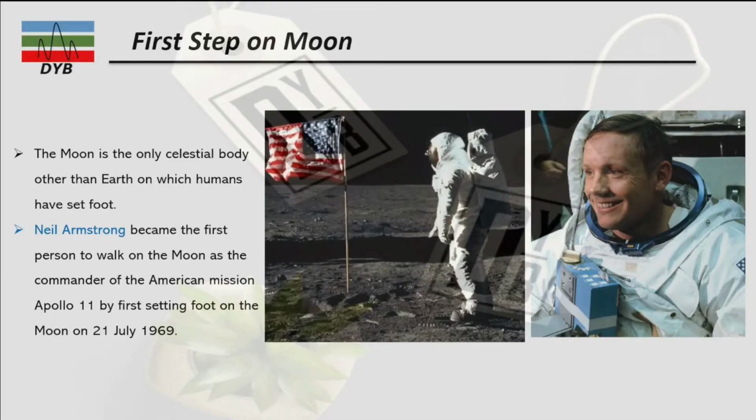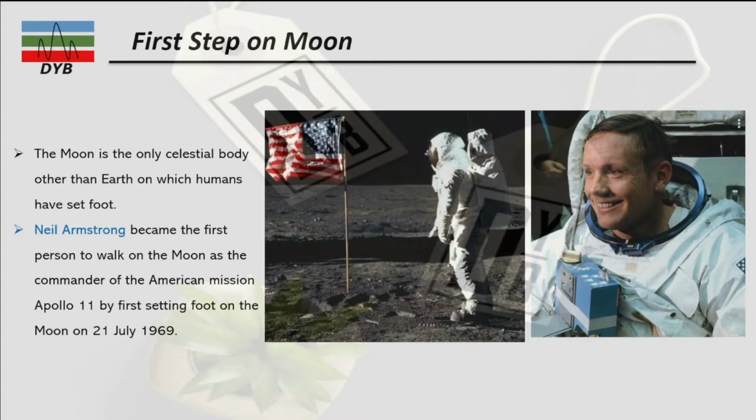So let's look at the first person who stepped on the moon. Just to make sure you know, the moon is the only celestial body in our solar system other than the Earth on which humans have set foot. There are some other planets which we have explored, like Mars, but we still don't have any human step on the other planets or any satellites.